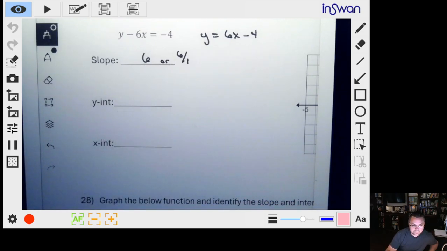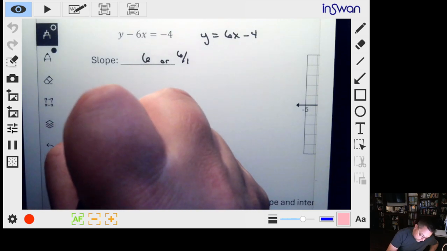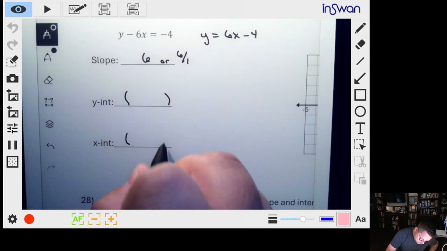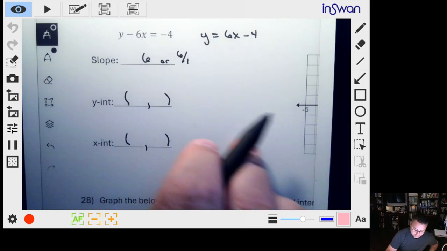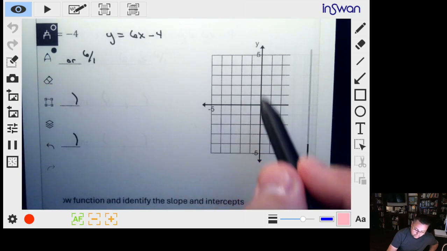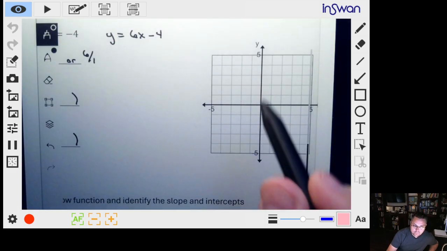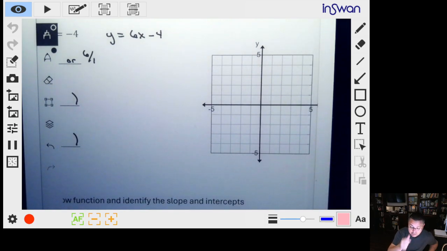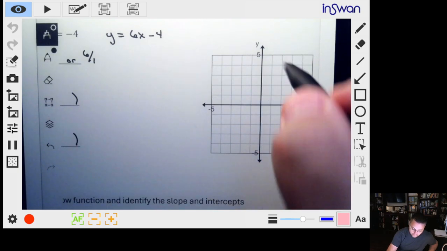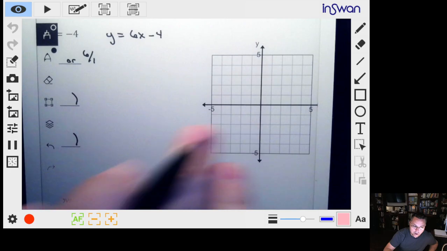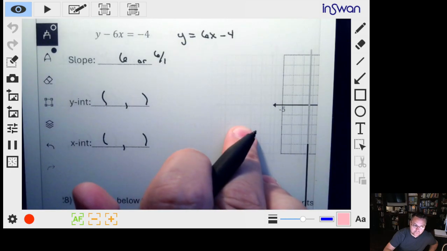But the intercepts, these should be ordered pairs because they're points. The y-intercept is where our graph is going to cross the y-axis. Any point on the y-axis is going to have an x value of 0.